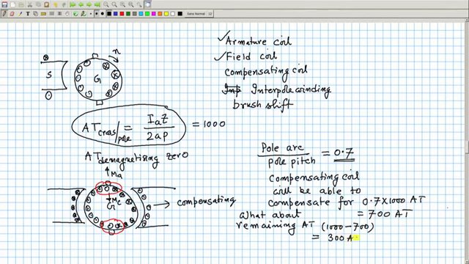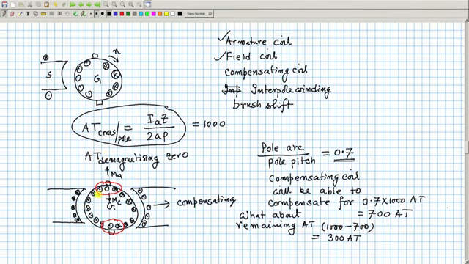What do I do with that? See, the axis of the compensating MMF is along the Q axis, and the armature MMF is along the Q axis; it must be, then only it can compensate.